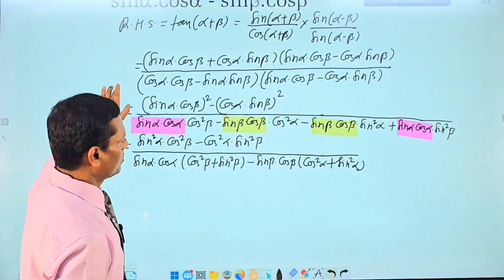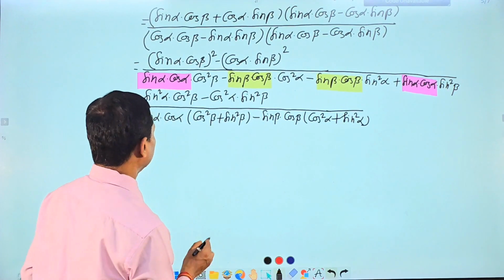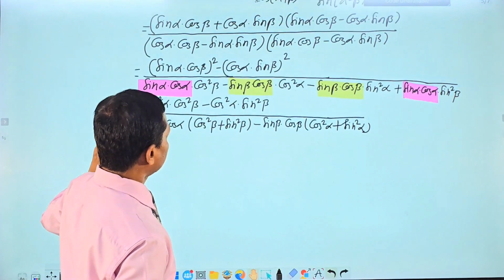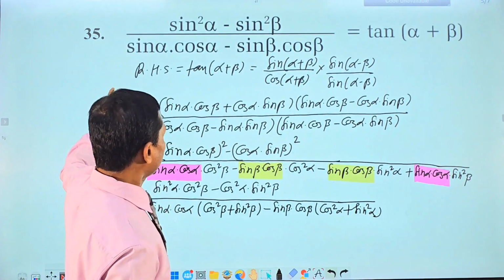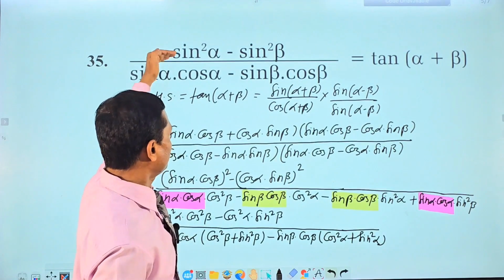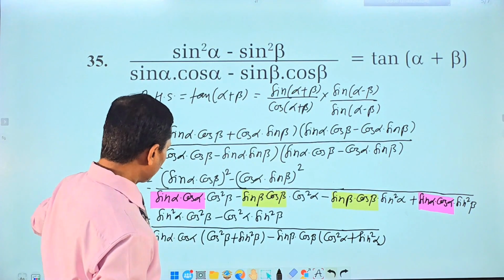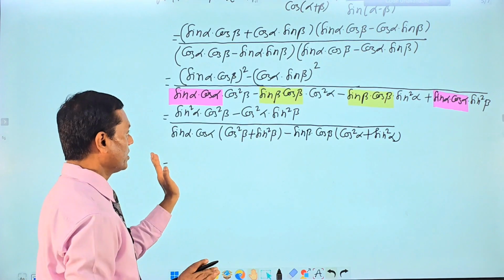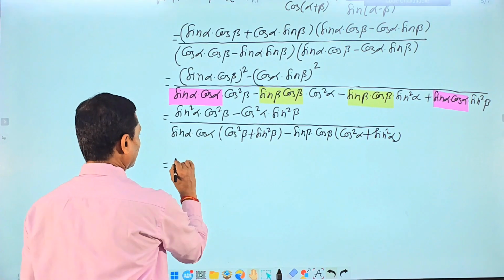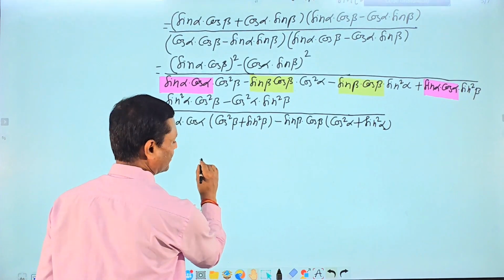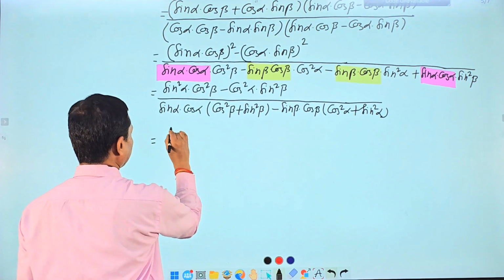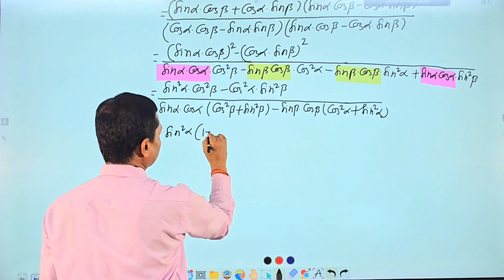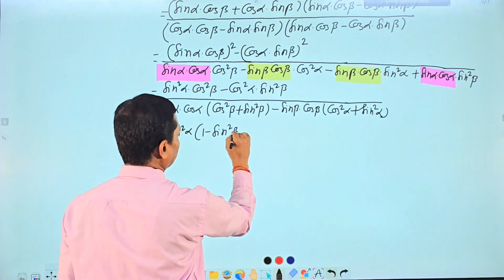Okay, now next part, see carefully here. When you see the left hand side, we have sin only at the numerator, isn't it? So we have to change cos square into sin square, because we have sin only at the numerator. So here we have sin square alpha and cos square beta becomes 1 minus sin square beta.